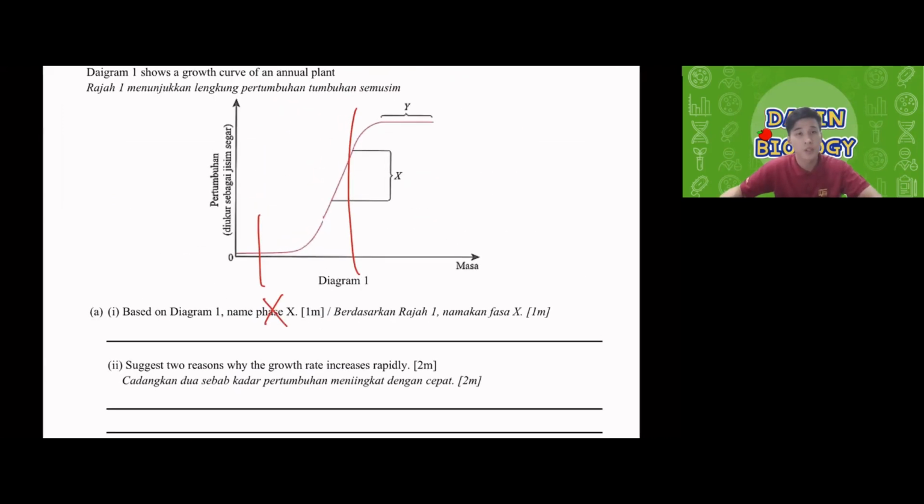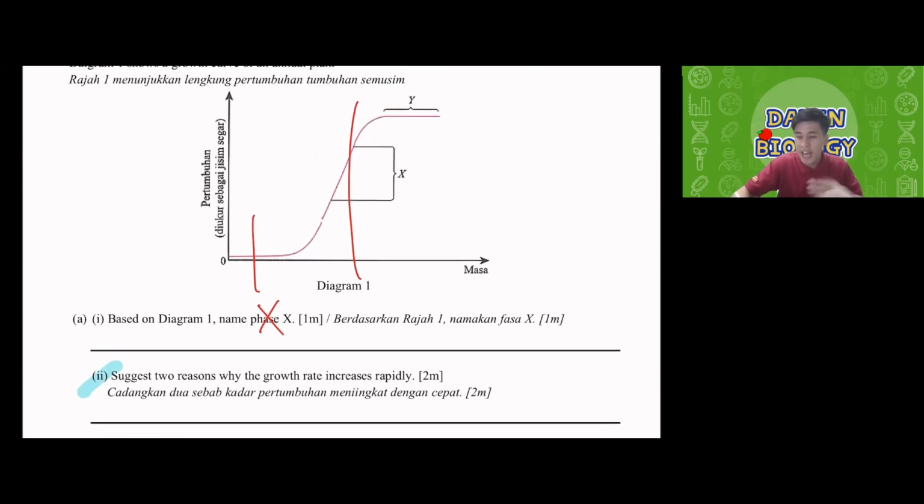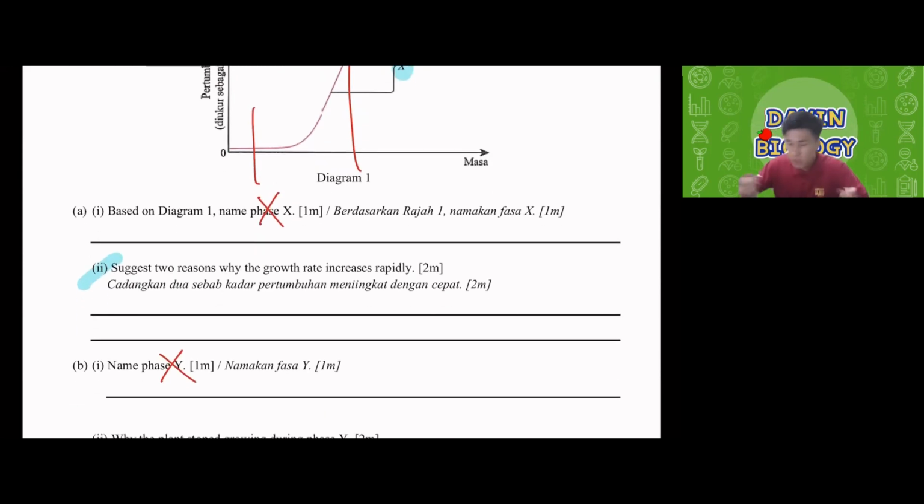Okay, we do this one. Besides the two questions that we ignore here, you can see it. Suggest two reasons why the rate increased rapidly. So at phase X here, you can see they say the growth increased here. Okay, why? So what does a plant do here? 2 marks only, I don't need to explain a lot. So why the growth increase? Because when it comes here, yes, got photosynthesis. So why can photosynthesis? Because it can form leaves already, right?